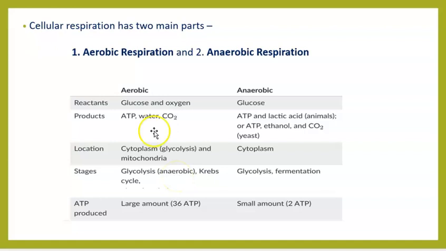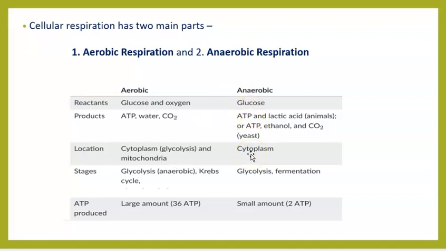What's the location? Aerobic respiration takes place in the cytoplasm and mitochondria. The main site is the mitochondria, because glycolysis is a common process for both aerobic and anaerobic respiration. We will see that glycolysis itself is an anaerobic process, but it's common to both, so we have put it in aerobic as well.